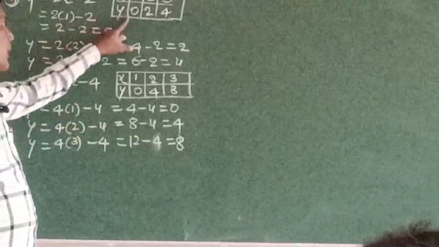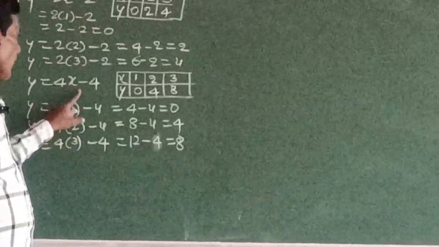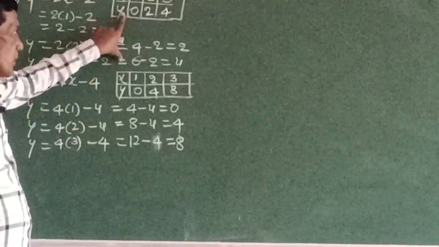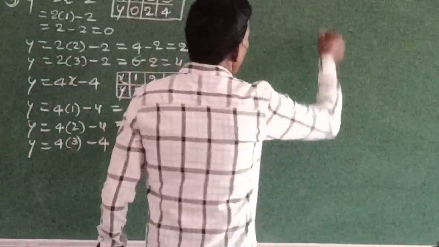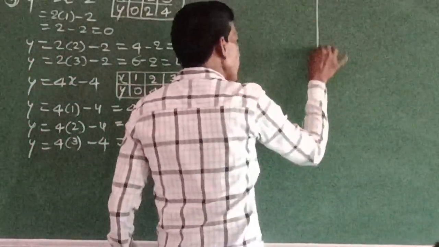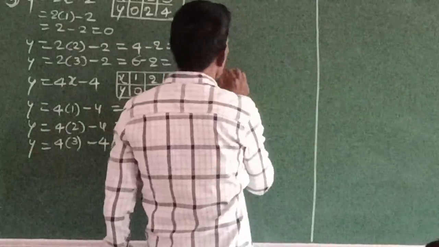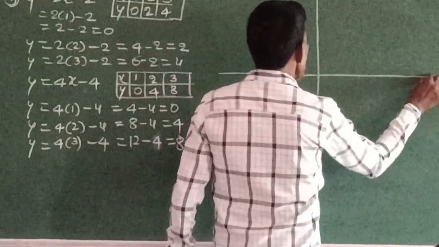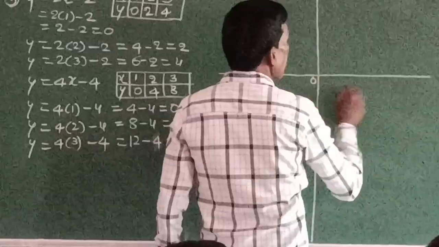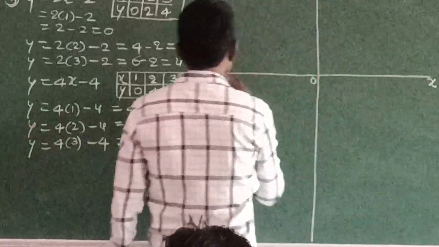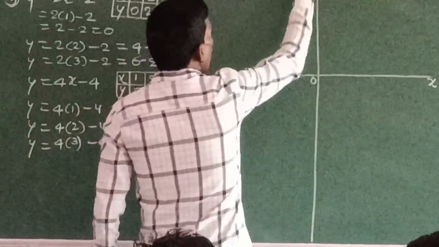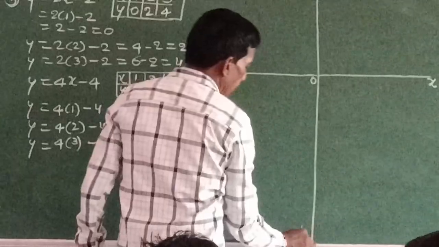So the first equation is y equals 2x minus 2, and the second is y equals 4x minus 4. We draw these values in a graph. Draw the x axis and y axis.